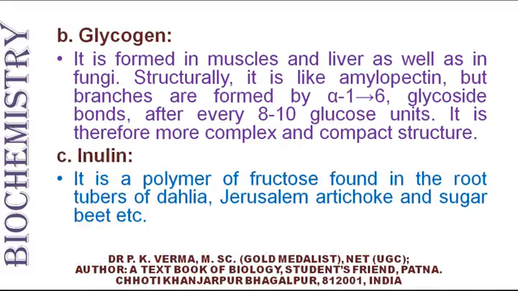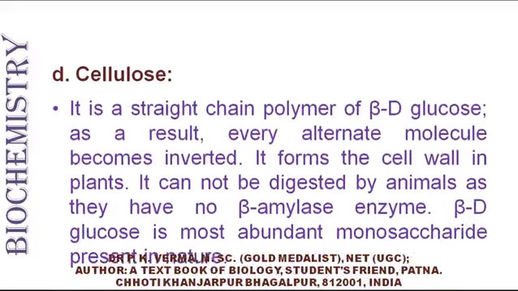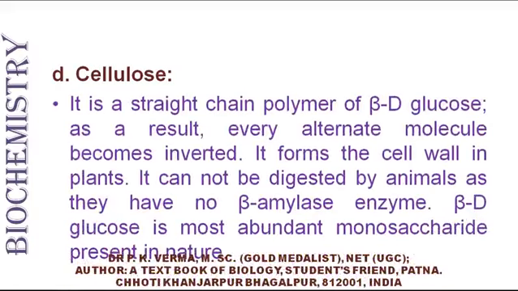It is polymer of fructose found in the root tubers of dahlia, Jerusalem artichoke, and sugar beet, etc. Cellulose is made of beta-D-glucose by formation of beta-1,4 glycoside bond.